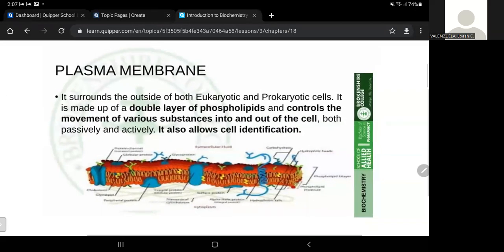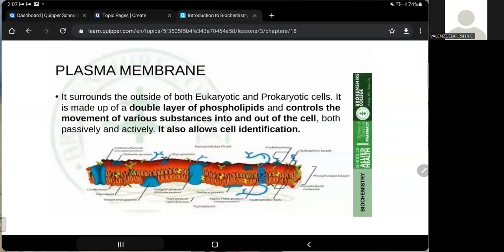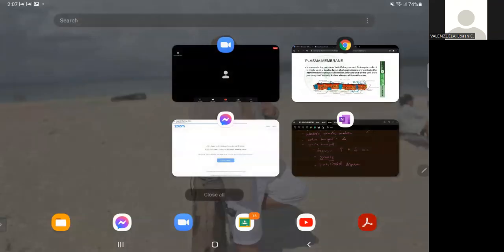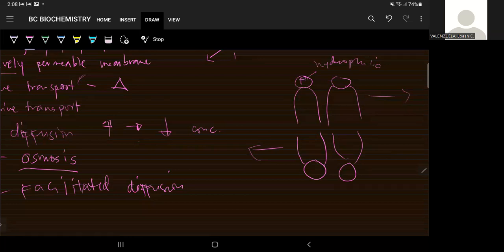Again, going back here, our plasma membrane is a double membrane, no? If we draw it, several units of that one, no? If i-draw na to siya, kadaghan na siya na units. As we all know that this is your phosphate. No, your phosphate is hydrophilic. Pag sinabing hydrophilic, water-loving.